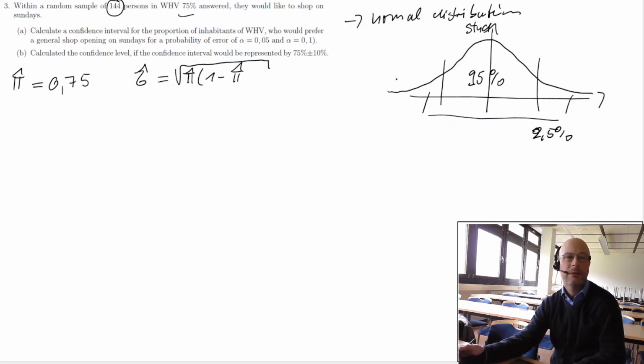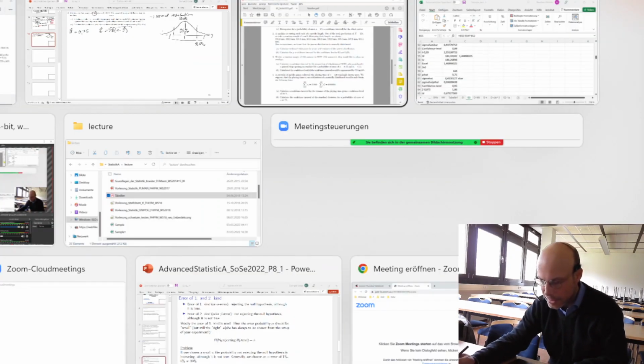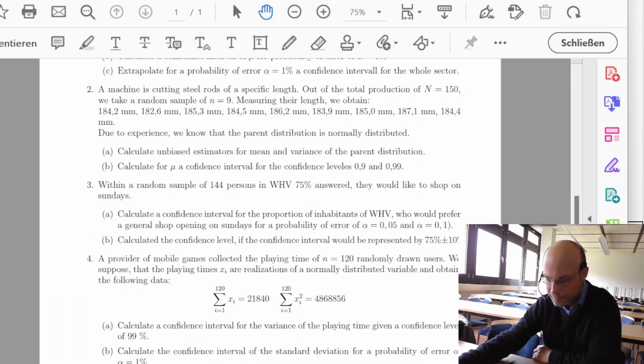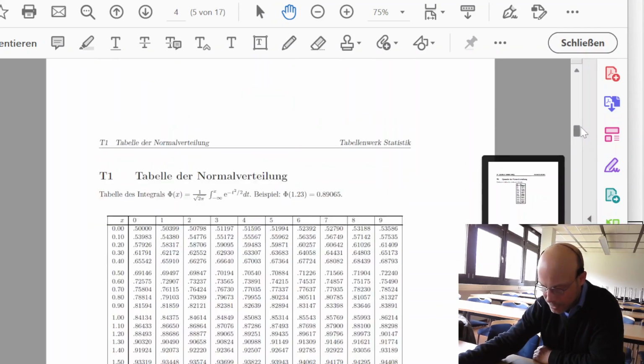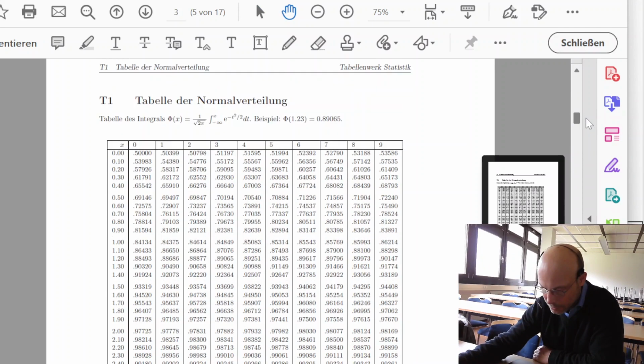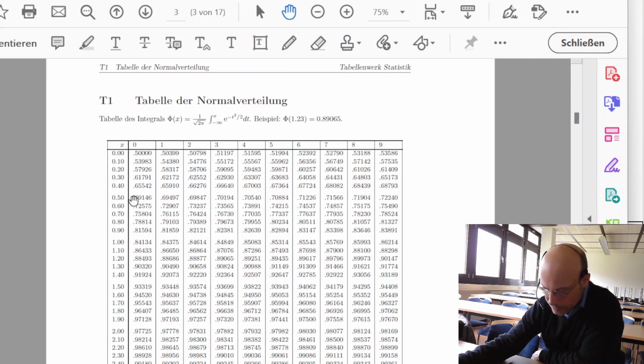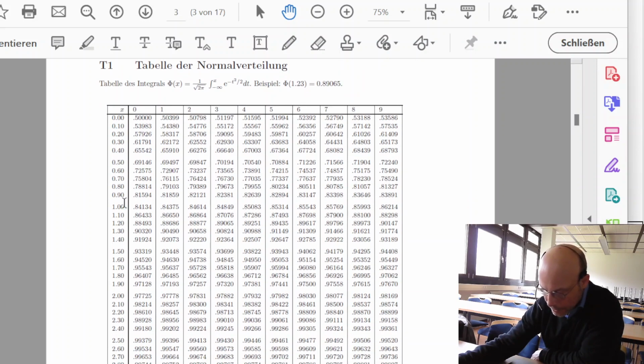This value we had quite often, but again, let's look it up in our table. Normal distribution is here, and then we are here at 97.5, and then we are here, again 1.96.